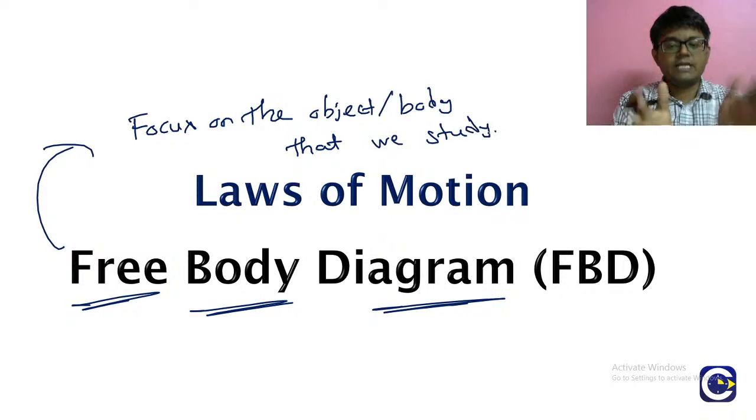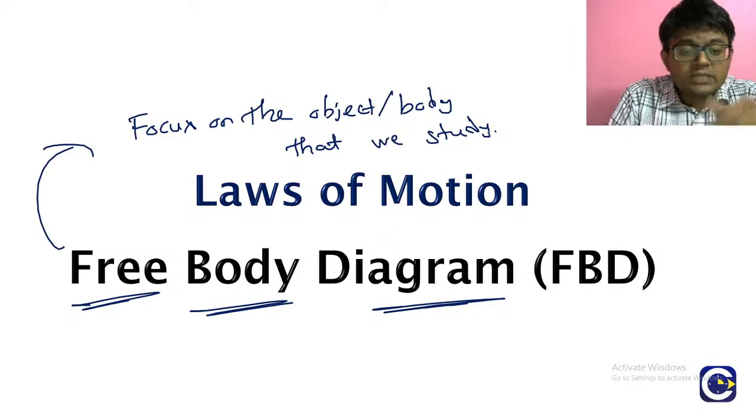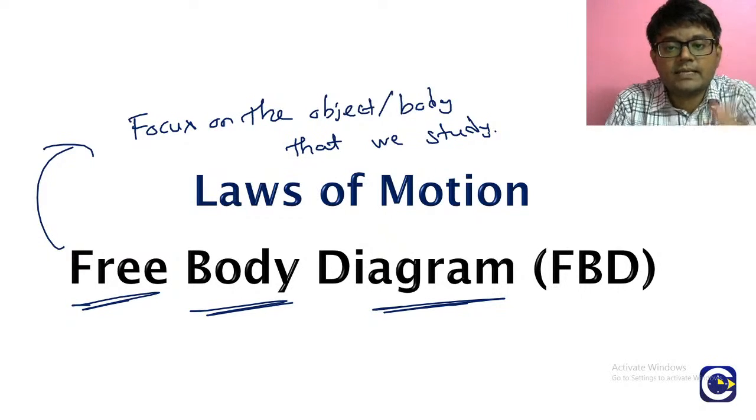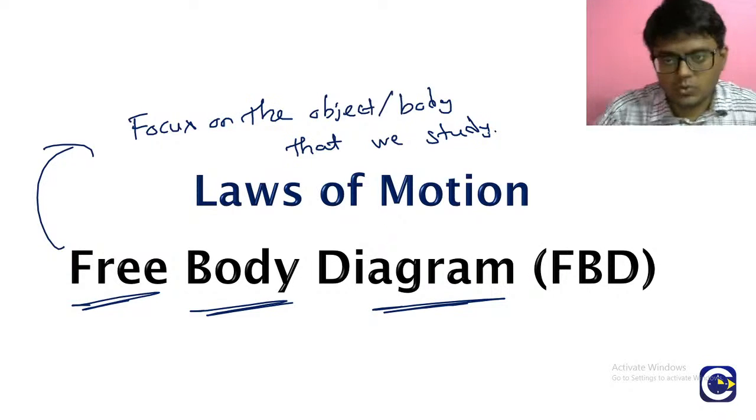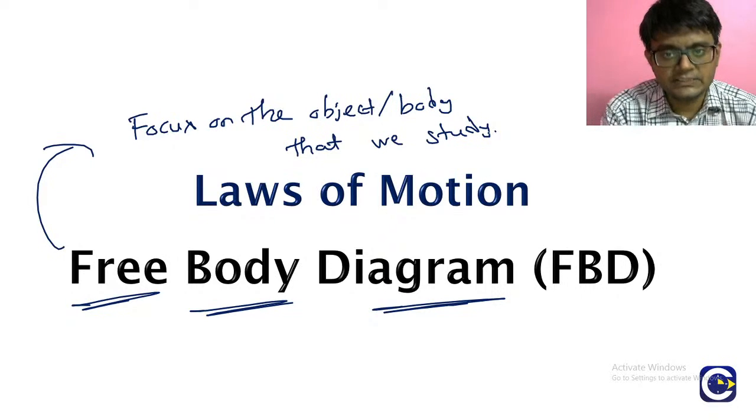Say we want to study the motion of an object, the motion of a body. What generally happens is this object will be connected to other things. It will be connected to a rope, it will be in contact with another surface, it may be connected to a spring. Like that, it will have some physical connections.